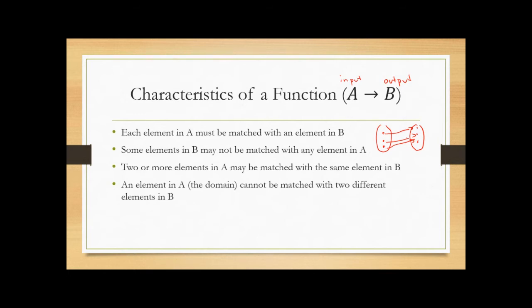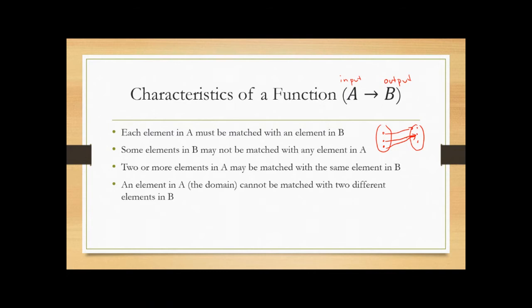And you could have two elements in A going to the same thing in B. That's what I tried to draw here. Let me try a better job. So it's okay if your input goes to the same output. You just can't have more than one output. This is another way of restating different ways you can interpret whether something is a function.